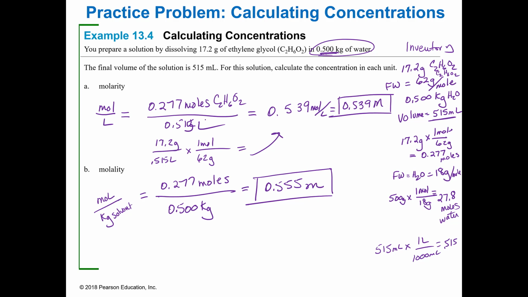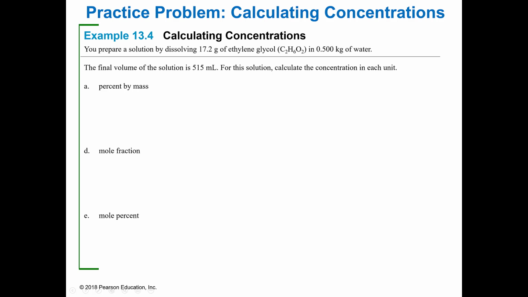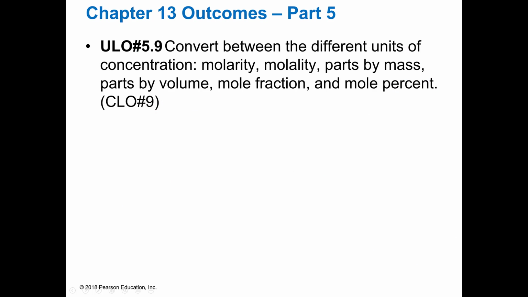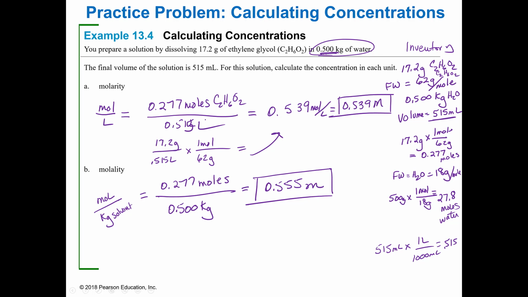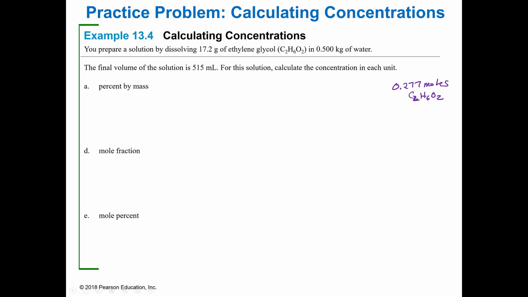I like to do it at the beginning and see everything that I have. If you forget something, that's okay. When you realize you need it, you can just go back and do it. I may go back and forth a little bit on here since I've already written this. I'm going to remind myself I had 0.277 moles of the C2H6O2, and I had 27.8 moles of water.